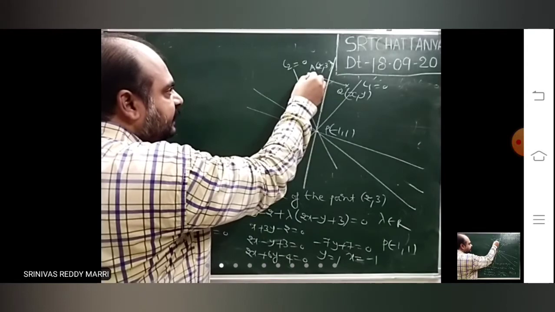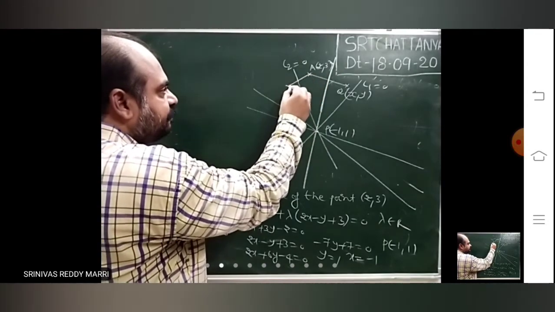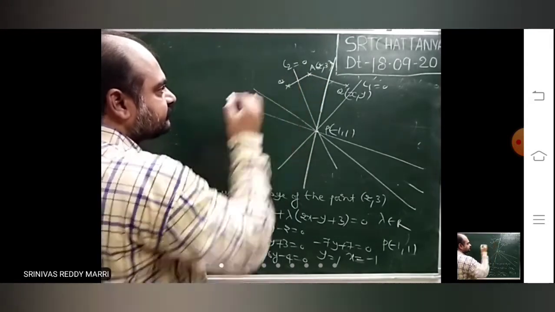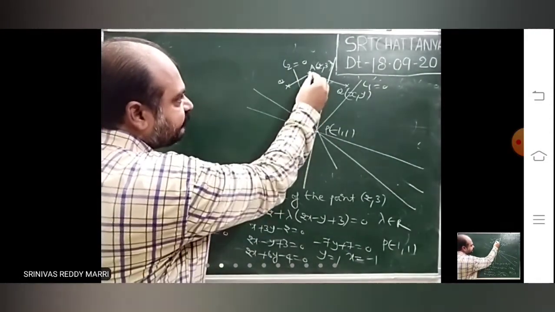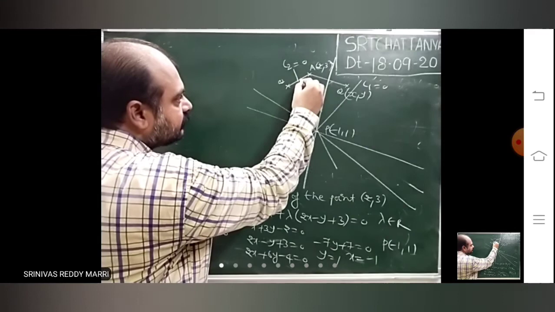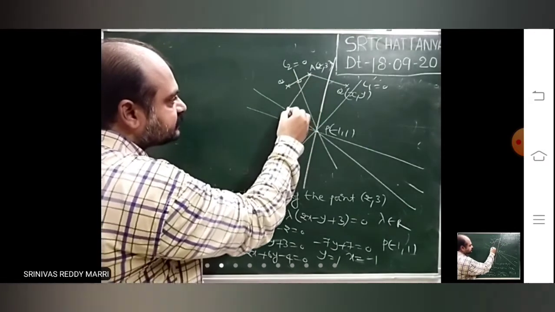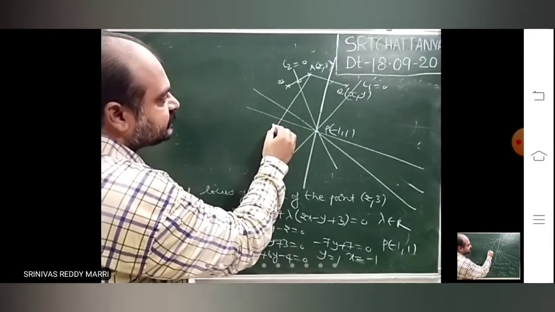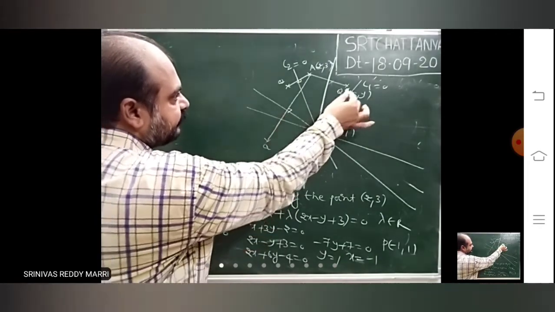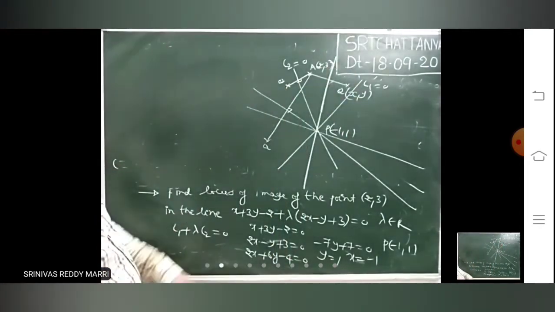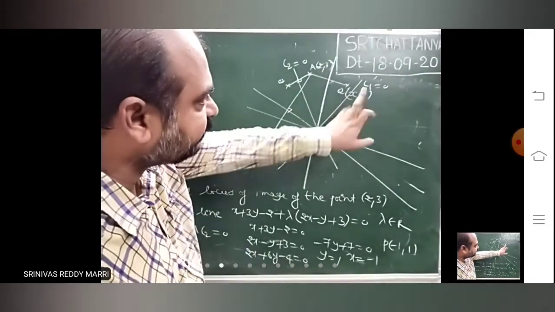In this line he will take the image like this. That means the Q position will be here. Like that, with respect to each line, he will take the image like this. That means this is a variable point, so the locus will be there for the variable point.